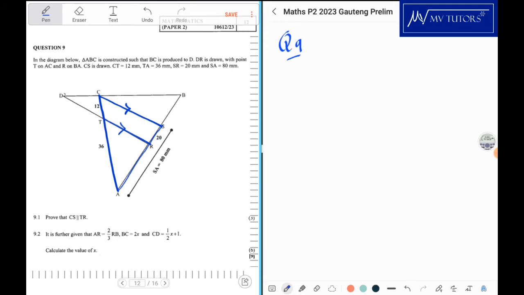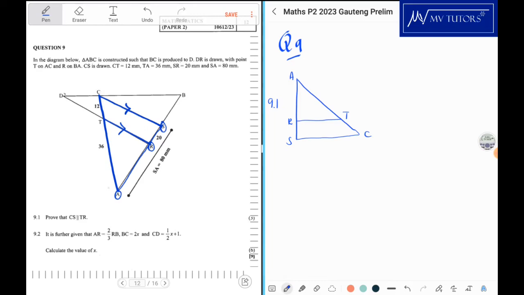Now I'm going to try to show it. If I draw my triangle upright, this is 9.1. This is me trying to make sense of it all. If I start with ARS, and on the other end I have ATC.